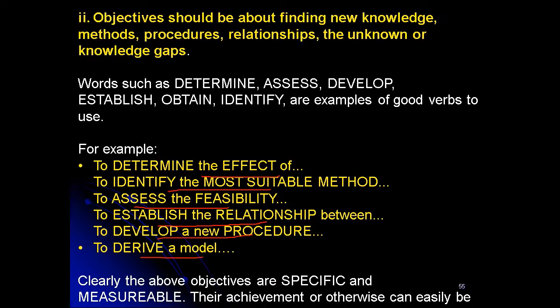So try to use these words as much as possible and avoid using the previous words. Clearly, the above objectives are specific and measurable. The achievement or otherwise can easily be measured.